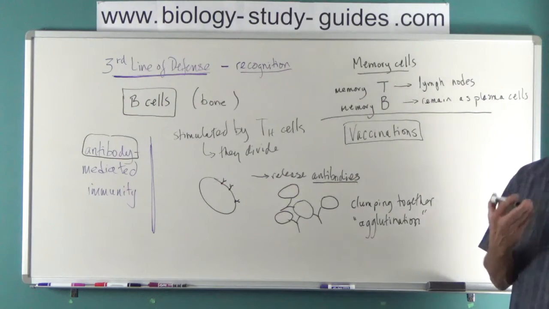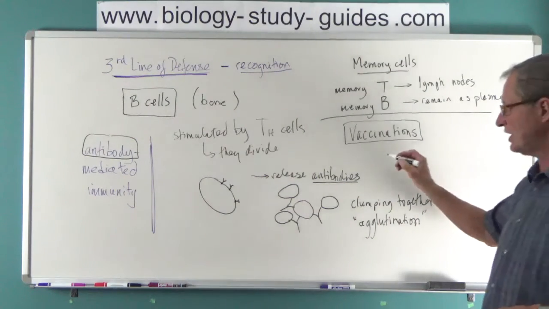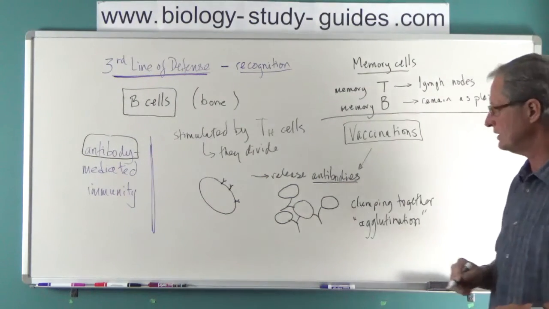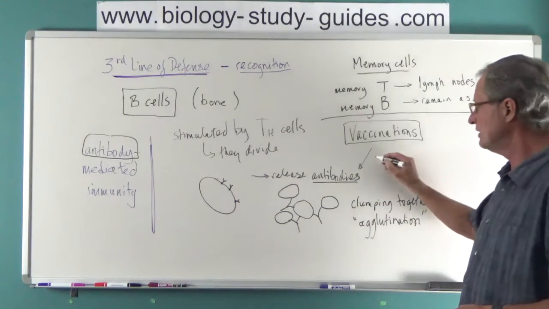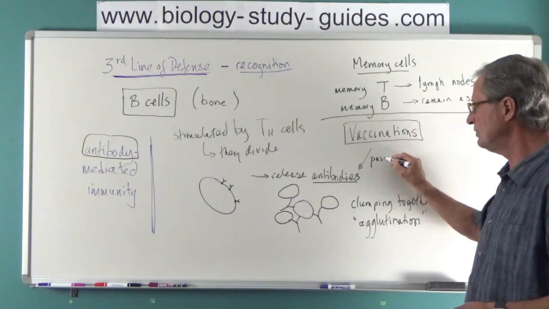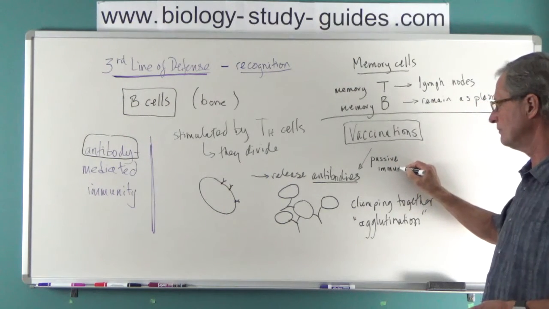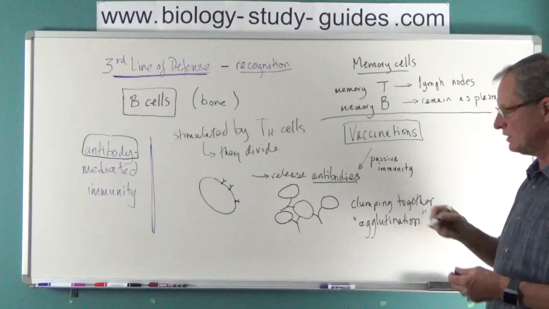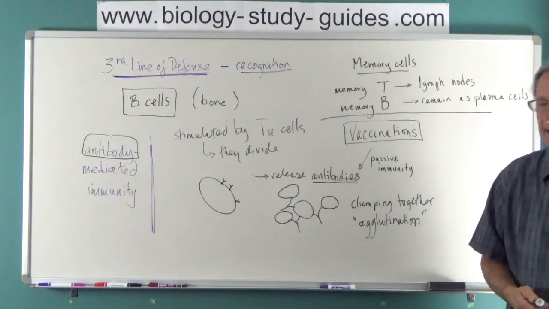Well, it depends on what you're being vaccinated for. In some cases, a vaccination could contain antibodies. In that case, you're getting what's called passive immunity. The vaccination is giving you the ability to fight whatever disease it is.